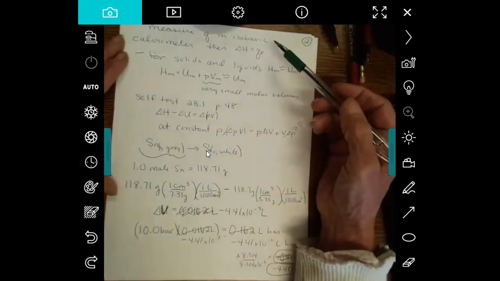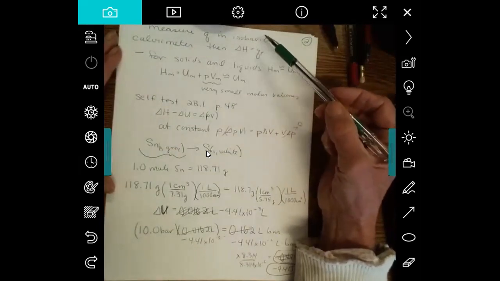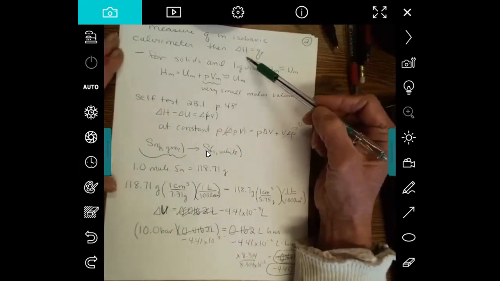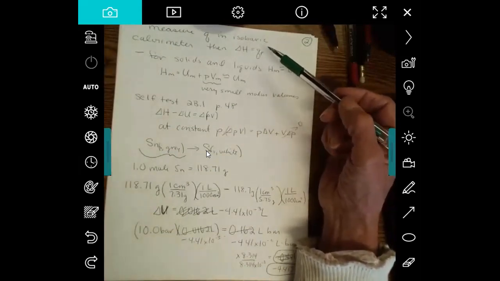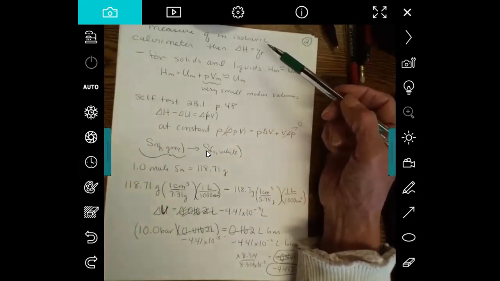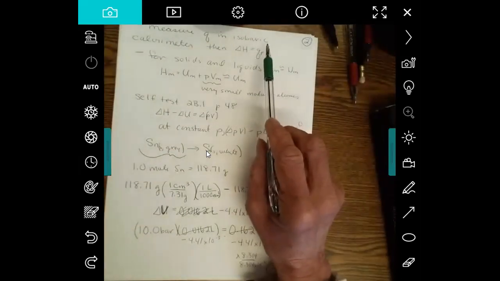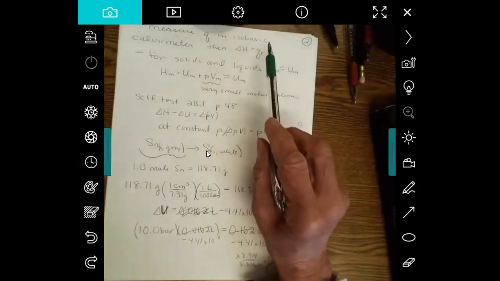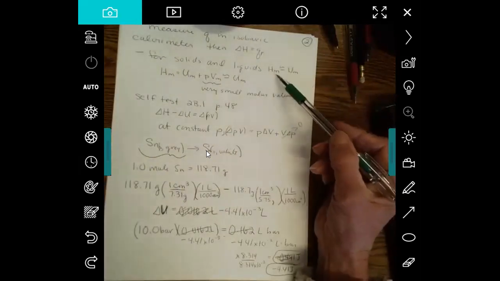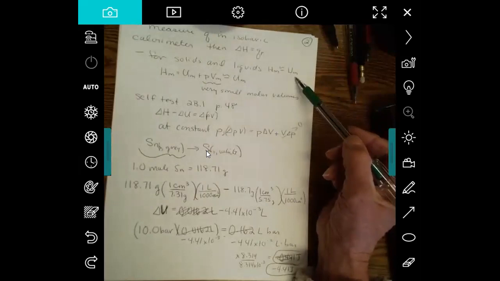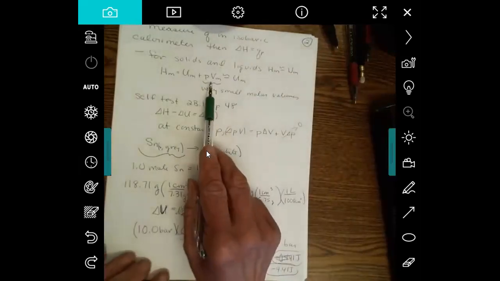If we measure Q in an isobaric calorimeter, a calorimeter where we hold pressure constant, then we'll be measuring delta H. If we were going to measure Q in a constant volume calorimeter, like a bomb calorimeter, that would be an isochoric calorimeter, and you'd be measuring delta U. For solids and liquids, the enthalpy per mole is about the same as the internal energy per mole, because pressure and volume don't change too much.